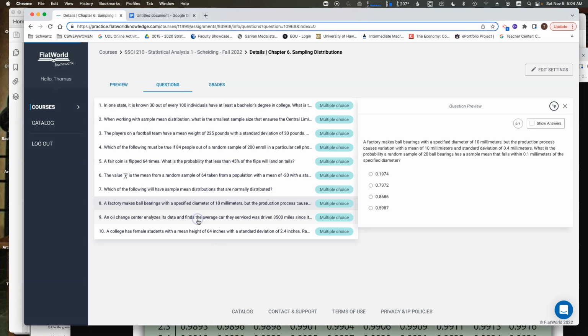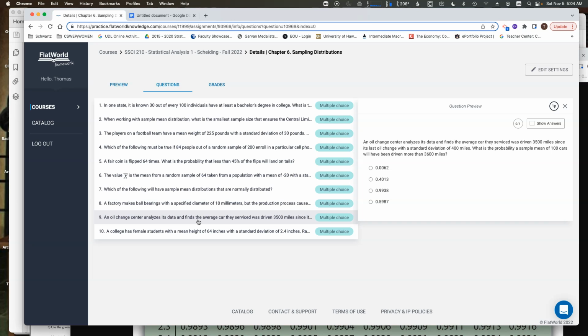Okay. Oil change center. Driven more than 3,600, so it's going to be 3,600 minus the mean of 3,500 over, we gotta do this here, the standard deviation of 400 divided by the square root of the sample size, which is 100.